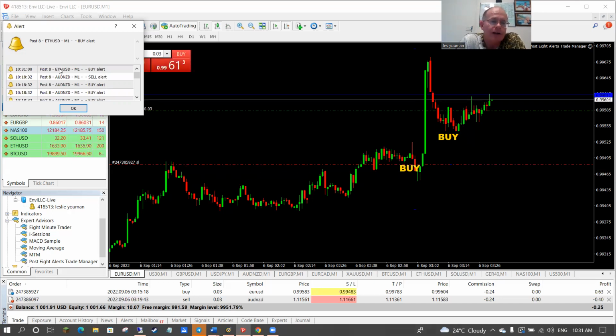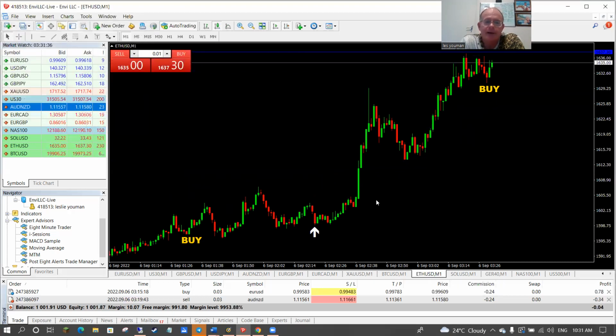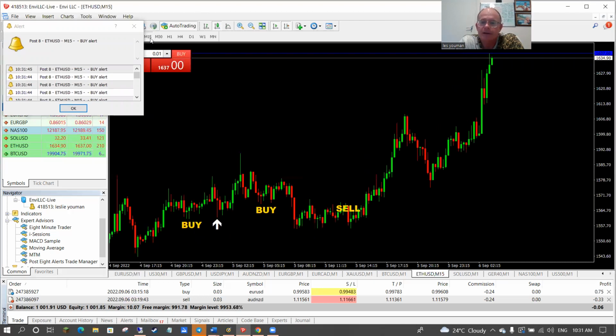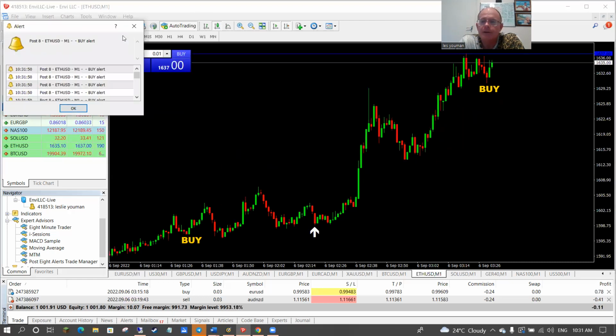Anyway, so we just got an Ethereum. We've got ourselves a crypto trade. Let's check that out. Okay, so crypto, check out our 5 minute, obviously in an uptrend, 15 minute, big uptrend going on here, 1 minute.